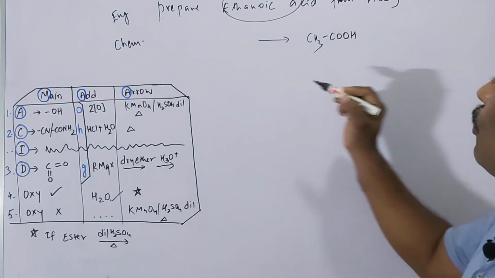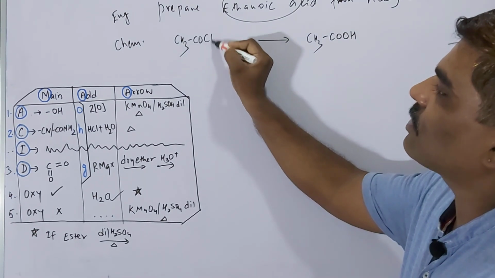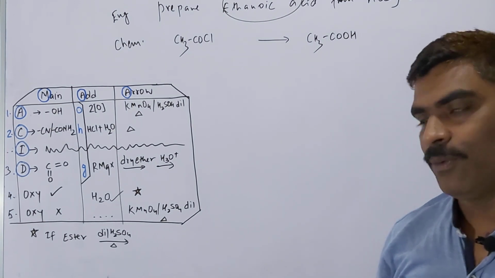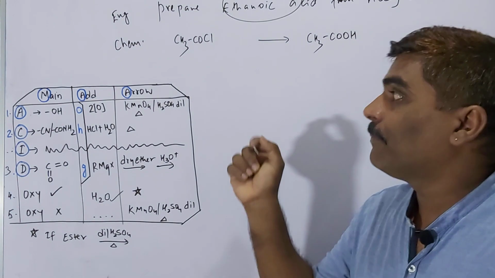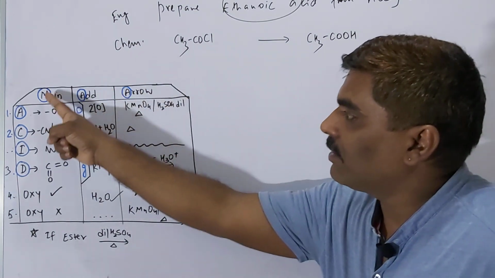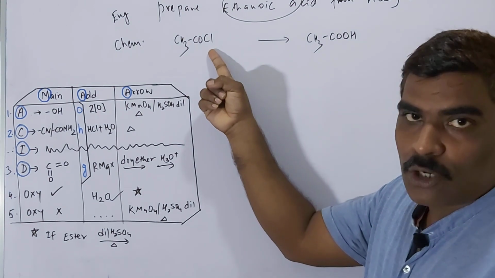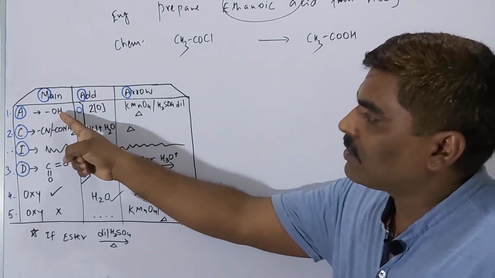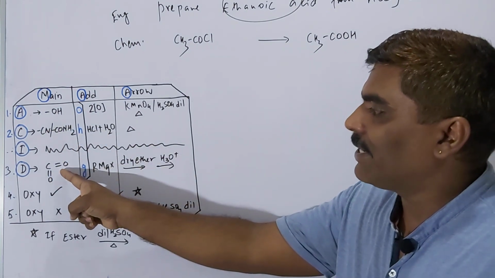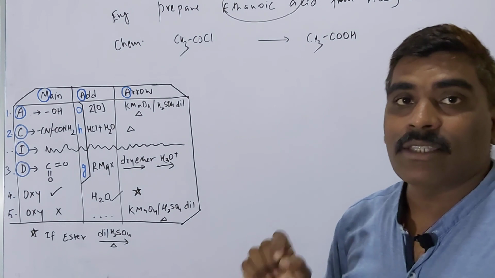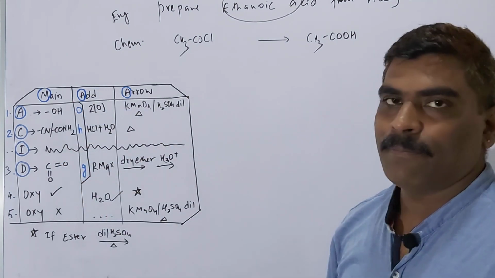Like acetyl chloride. The formula of acetyl chloride is CH3COCl. Now what to do? Now you have to check this acetyl chloride. Where is this in this table here? Mainly, this is the COCl group here. Number 1 is alcohol, number 2 cyanide amide, number 3 dry ice. So this acetyl chloride does not belong to number 1, 2, 3.